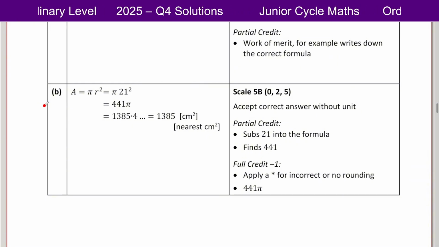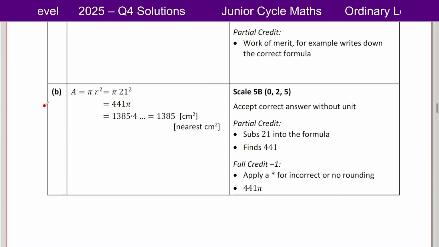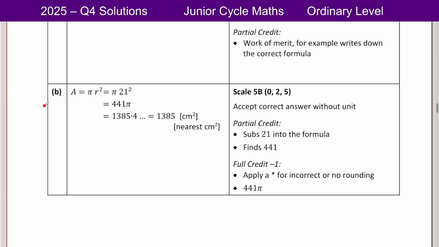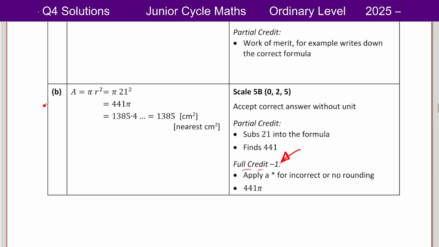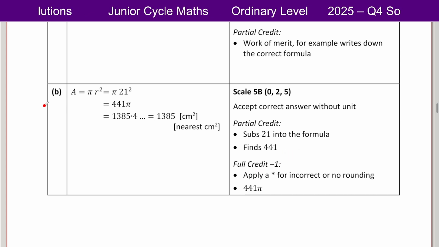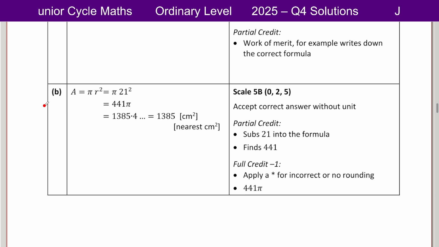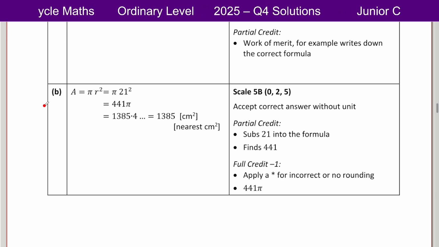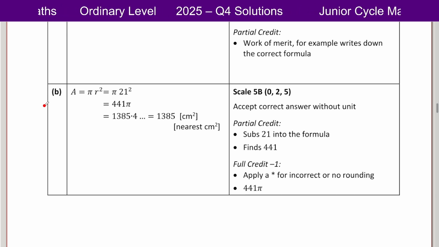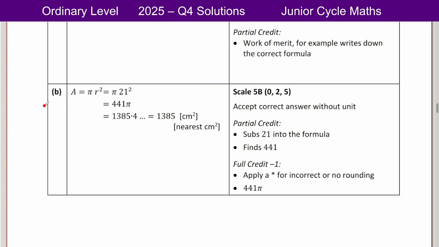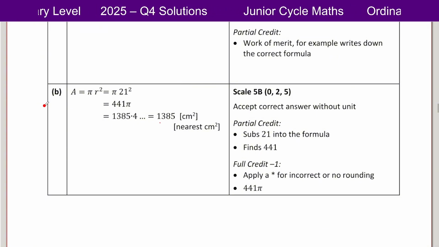Okay, and here also there is a special case that we need to be very careful about, which is full credit -1. So we may get 4 out of 5 when we give the incorrect rounding. For example, here the correct answer is 1385.